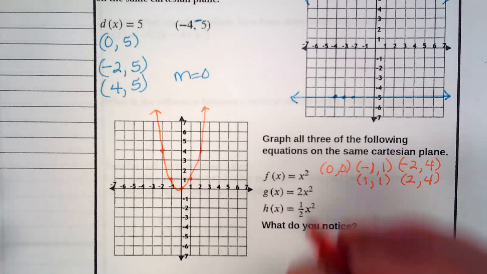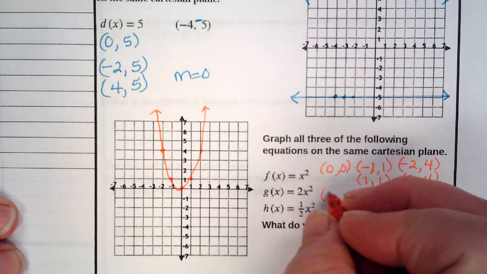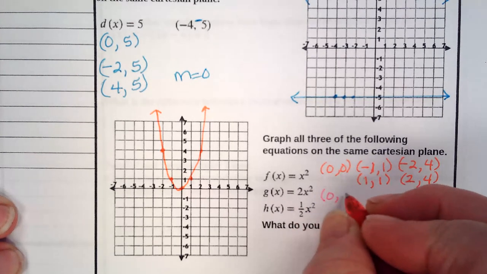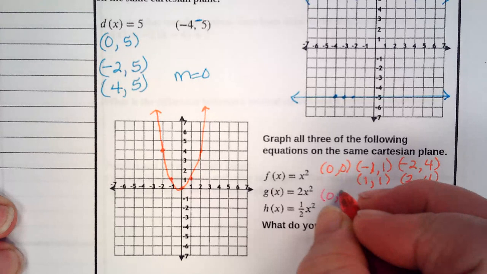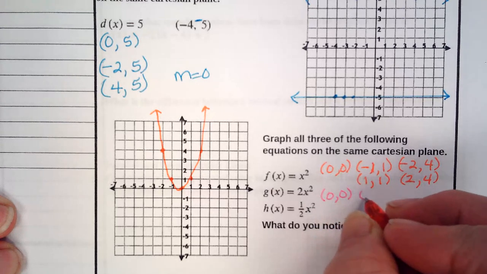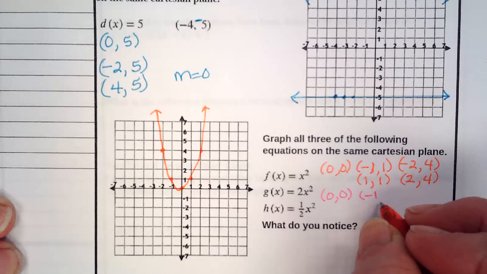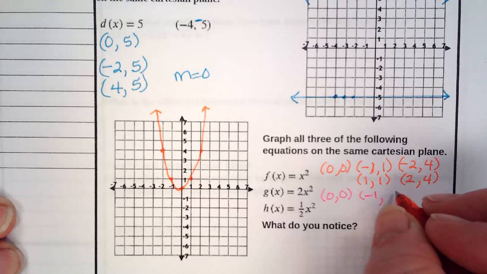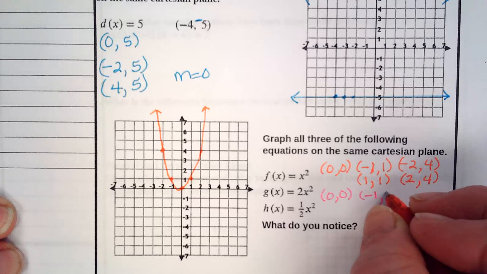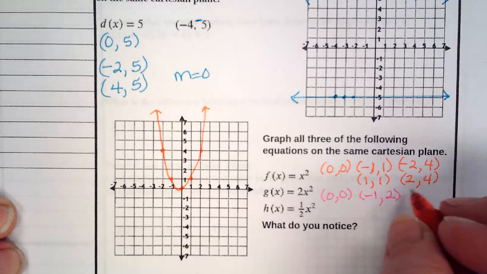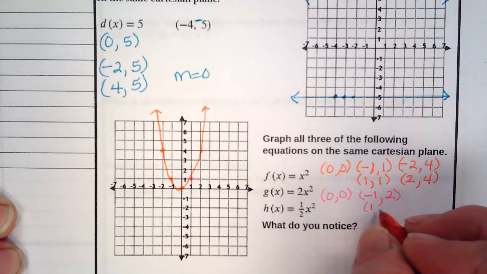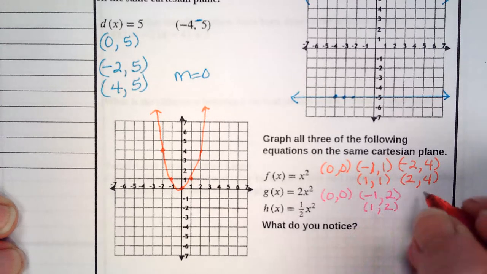Well, if it is 0, 0 squared is 0 times 2 is 0. If it is -1, -1 squared is +1, +1 times 2 is 2. If it's 1, the same thing happens.